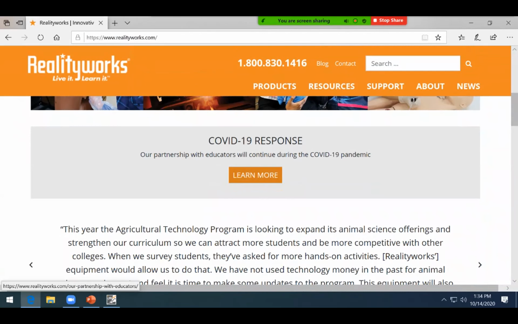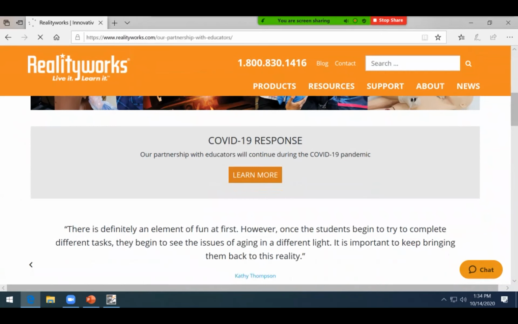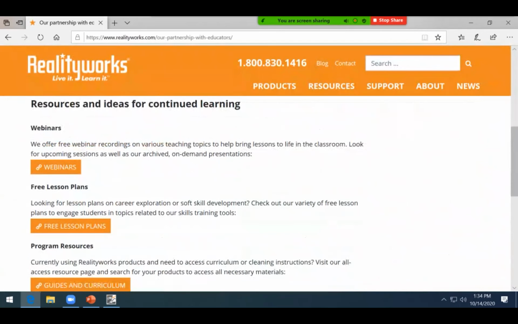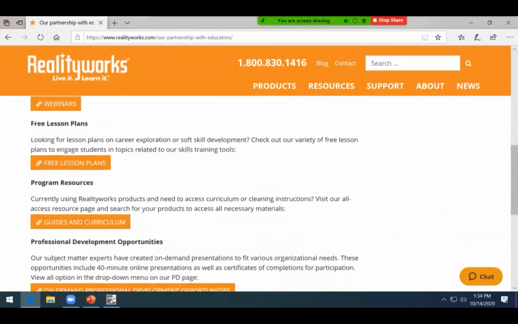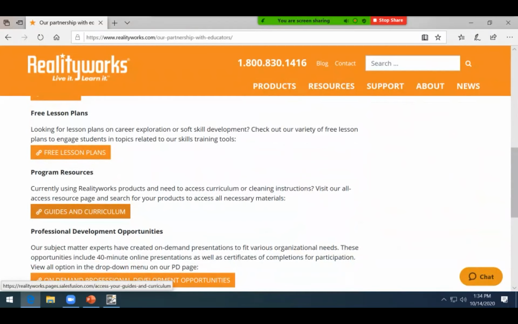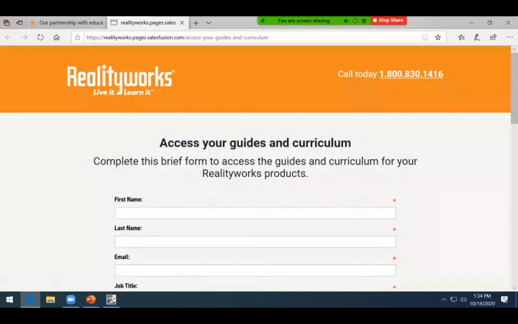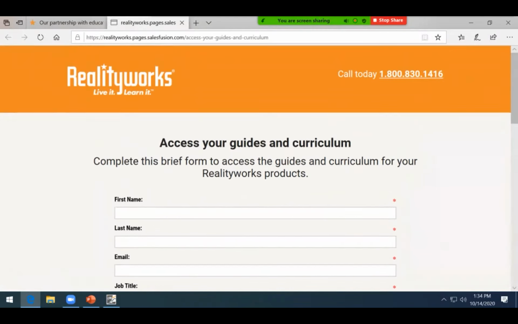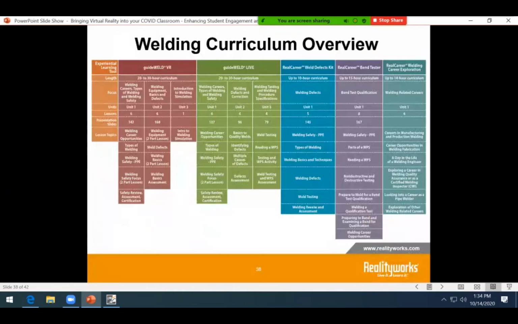You click on learn more, and then down here you go to resources and ideas, and we have guides and curriculum right here. You click on that, and it will bring you to a page where all you need to do is put your information in, and then you get full access to all of our curriculum. Again, this is all of the welding curriculum in that remote setting.